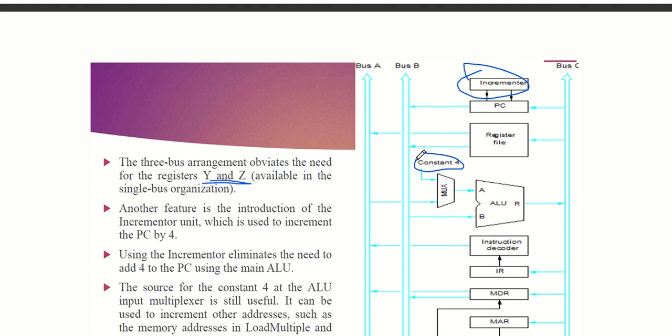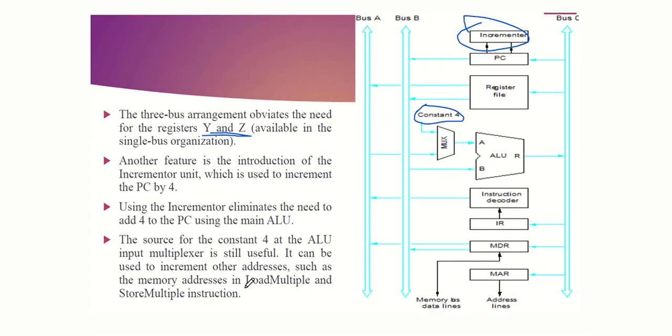So let's not remove the multiplexer completely. Leave it there. There are certain instructions called load multiple and store multiple, which we may see in later slides. This modification will allow us to do those instructions faster.